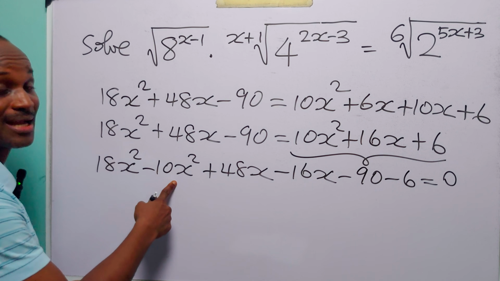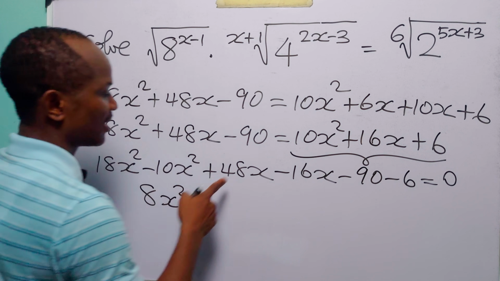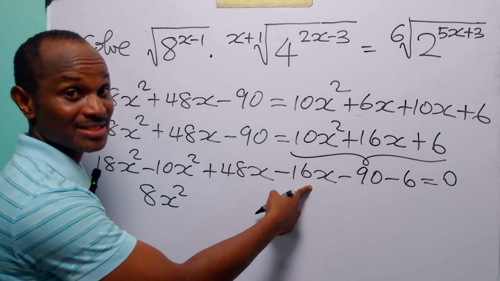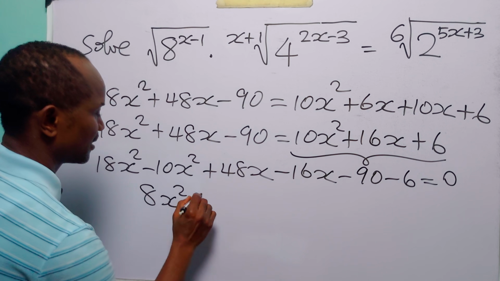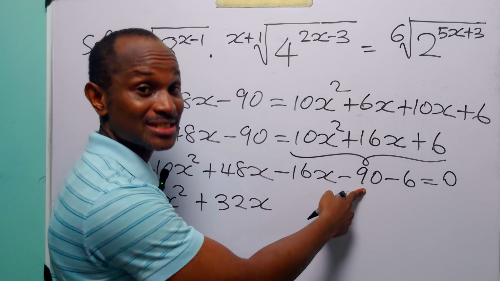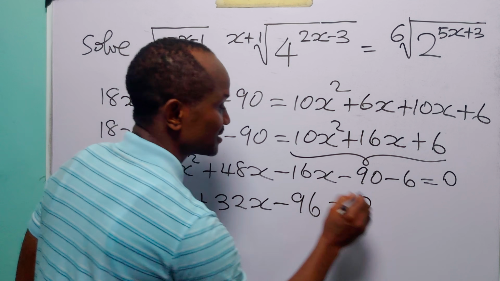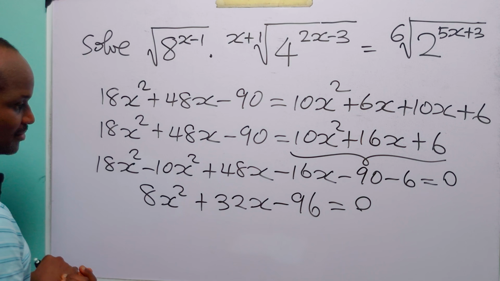Now 18x squared minus 10x squared is 8x squared. 48x minus 16x is 32x. And minus 90 minus 6 is minus 96, and this is equal to 0.